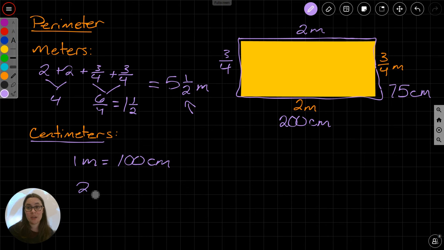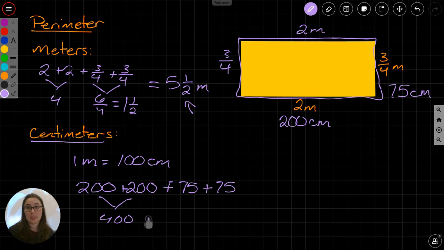So 200 plus 200 plus 75 plus 75. 200 and 200 is 400, plus 75 plus 75 is 150, equals 550 centimeters.